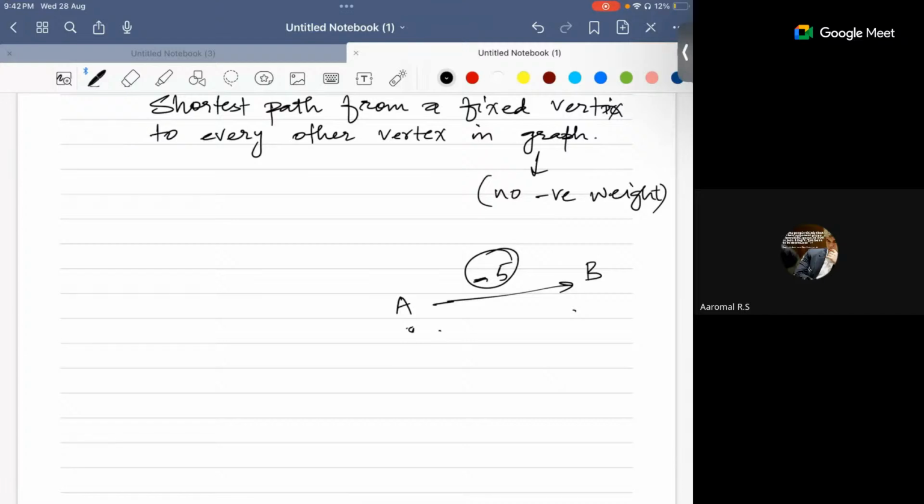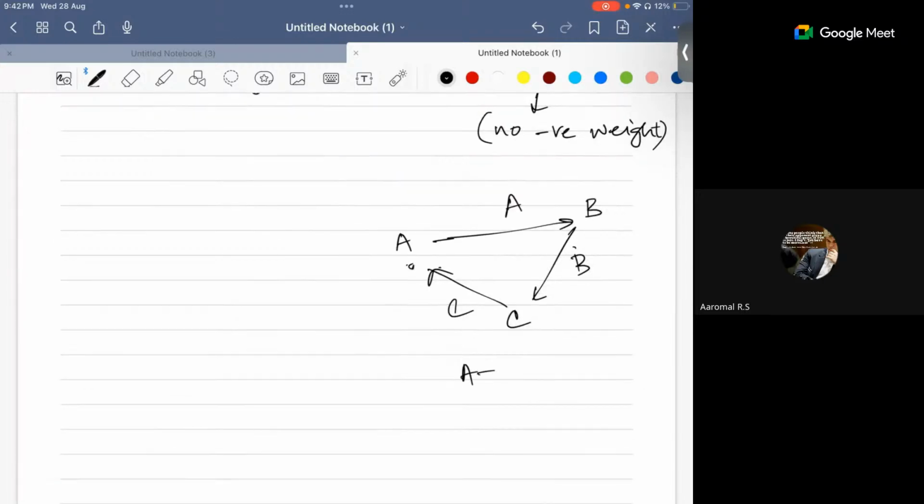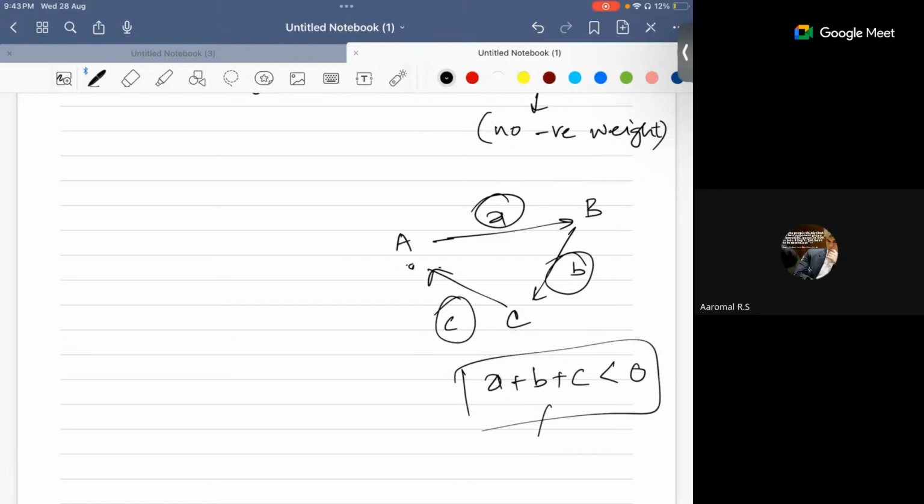Is that clear? Negative weight. And if you have a cycle like this, for example this is A, B, and C, and if the summation of the weights, A plus B plus C, is less than 0, then you can say that this is a negative cycle.